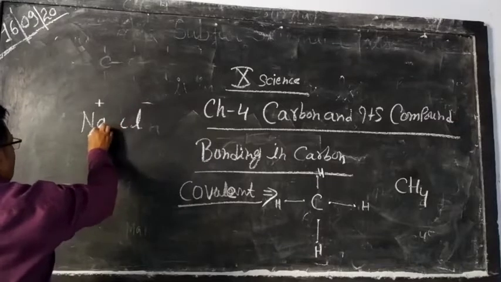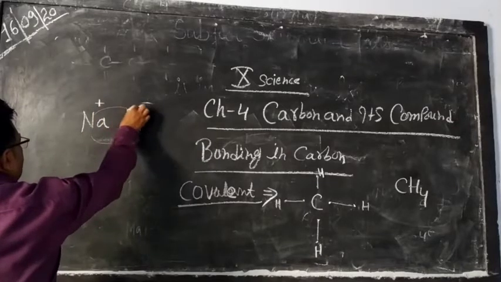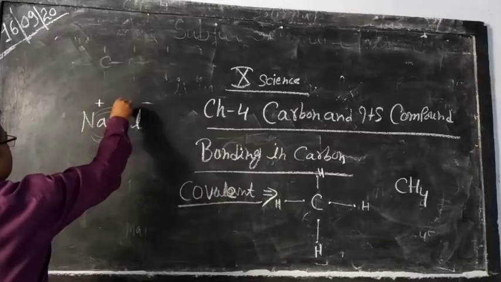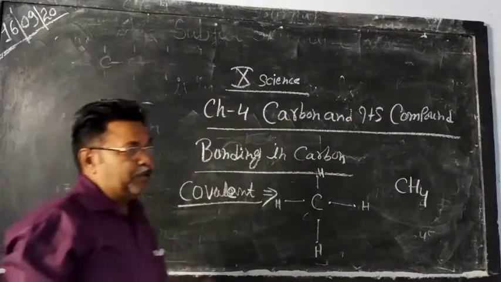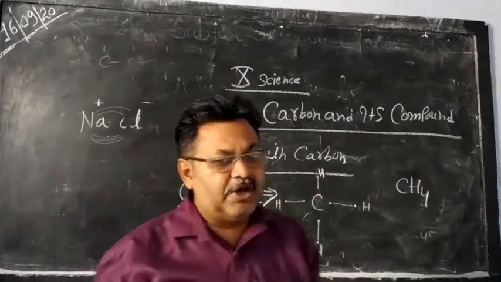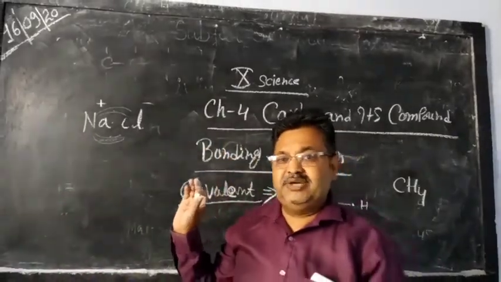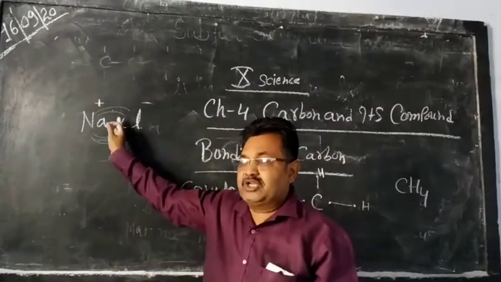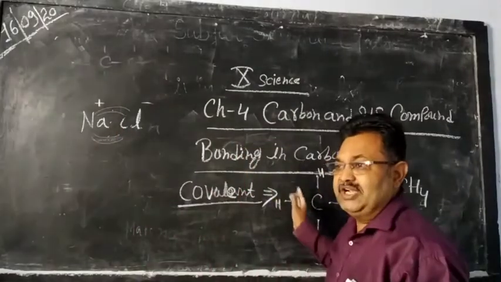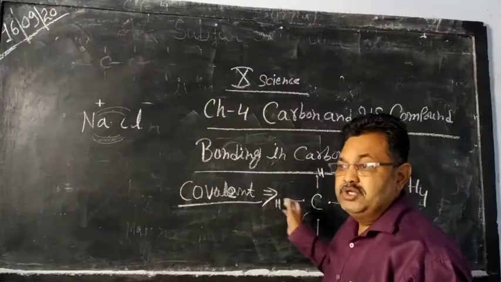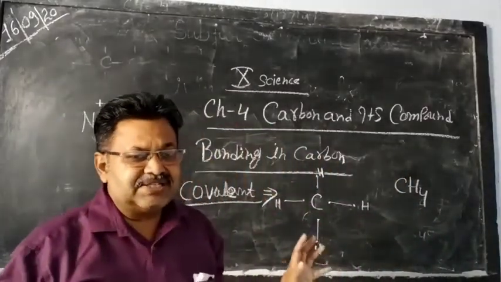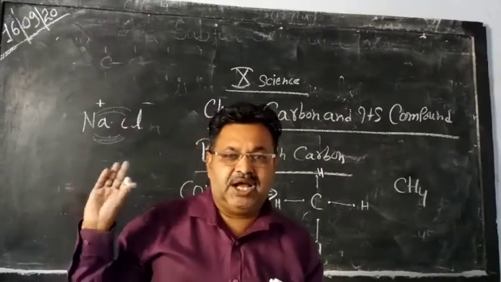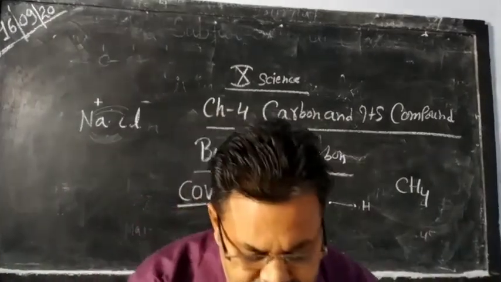These opposite charges are bound together by electrostatic force. This type of bond formed between two opposite ions is known as ionic bond. So the melting point and boiling point of ionic compounds is more than that of covalent compounds. So the melting and boiling point of carbon compounds is less as compared to ionic compounds.